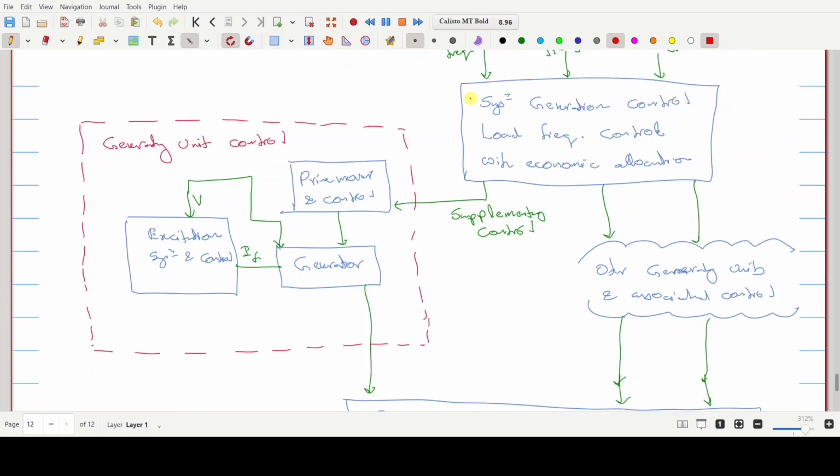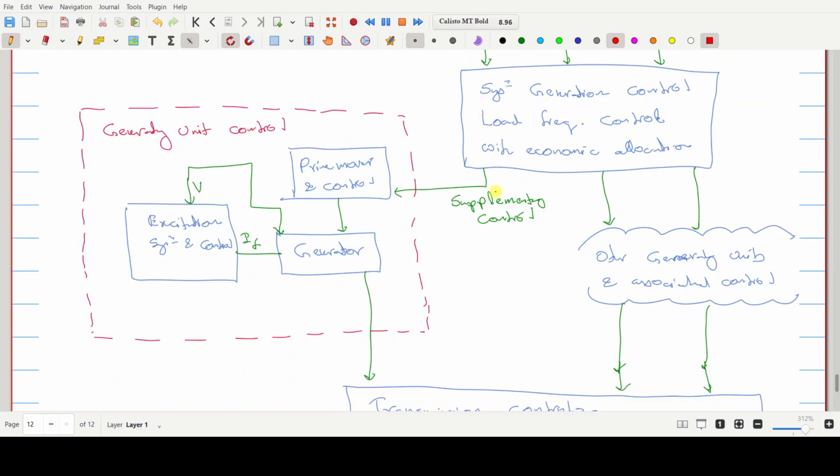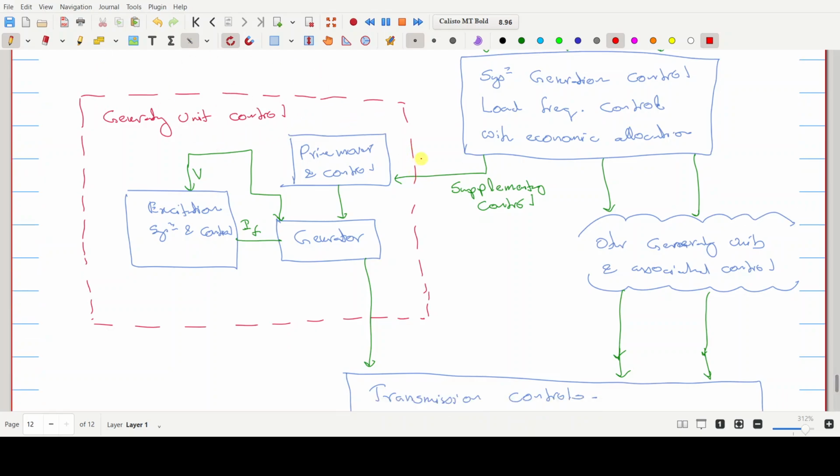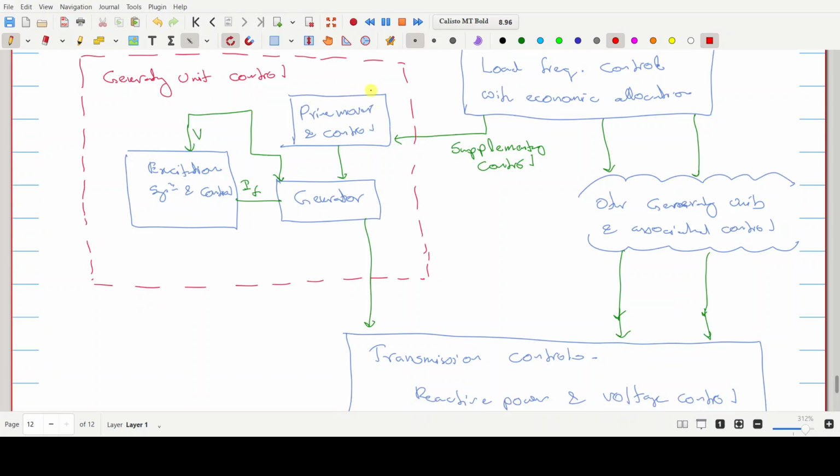And then it sends this information to the generating unit control, which we have seen earlier, which includes the prime mover, generator, and the excitation system control. And there are other generating units and the associated control in the power system.